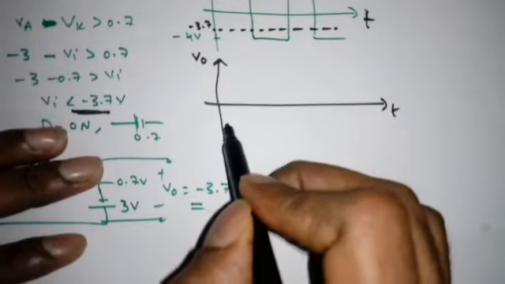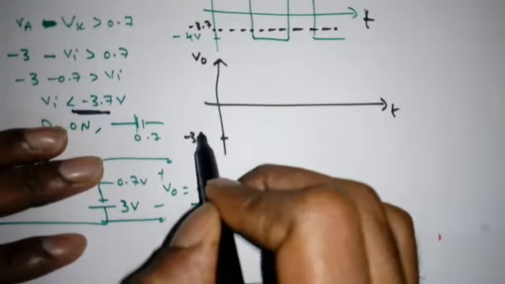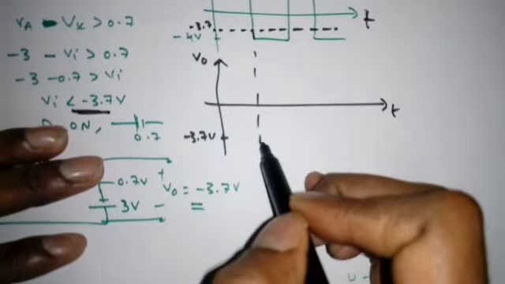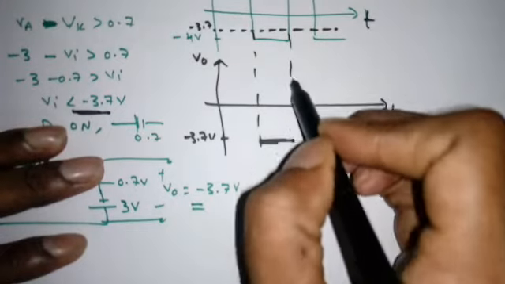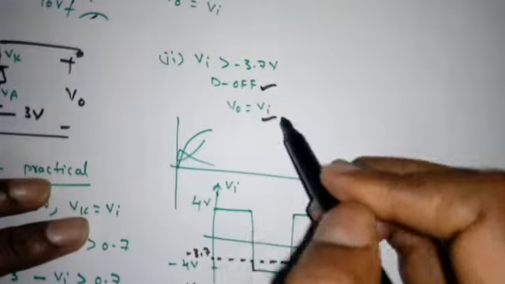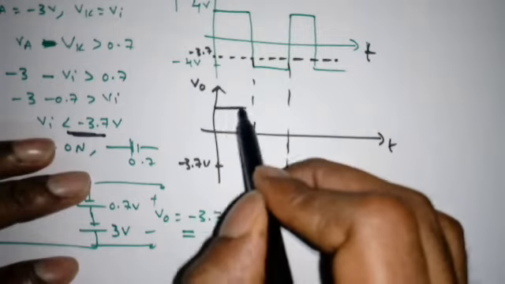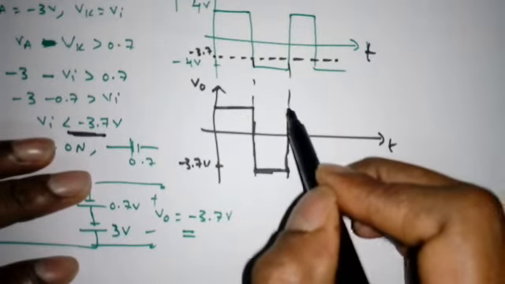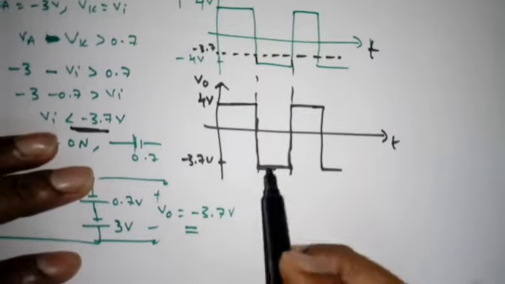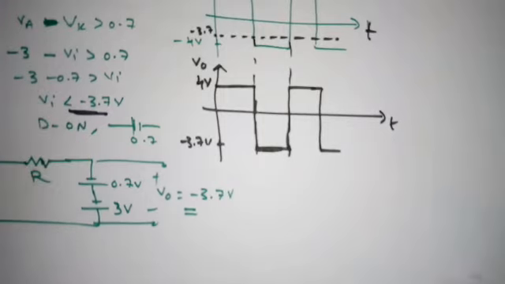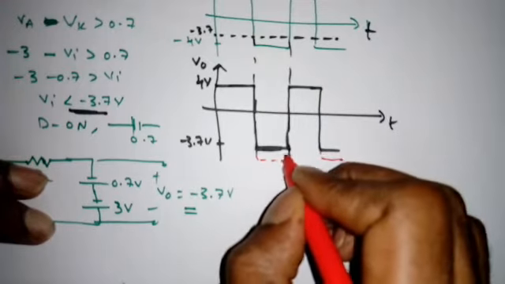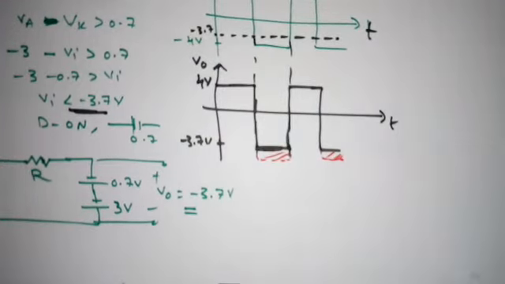Minus 3.7. So minus 3.7 here, right? Now when VI is greater than minus 3.7, diode D will be off, V0 is equal to VI. So we get the total positive half cycles. Maximum is 4 volt, minimum is minus 3.7. Only the clipping portion is 0.3, that also on the negative side. So this is the only clipping portion. So this is clipped off, right?